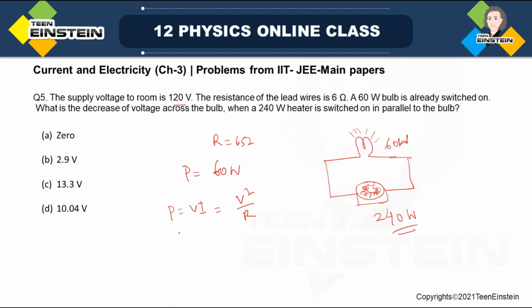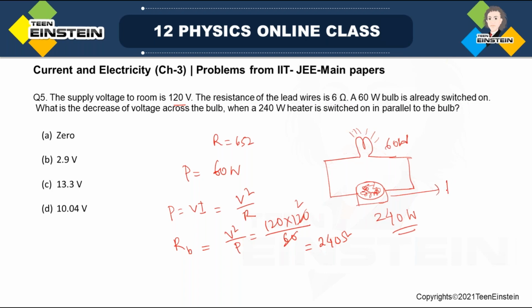So R of the bulb is V square by P. V square is 120 into 120 divided by 60, so you have got 240 ohm.